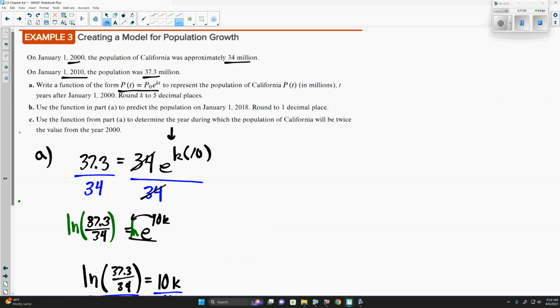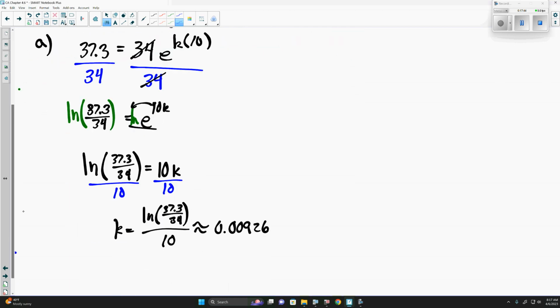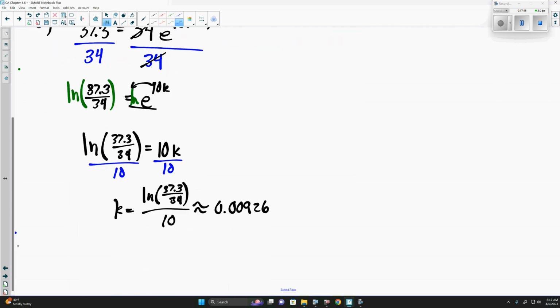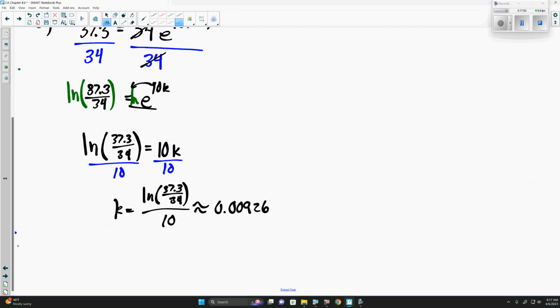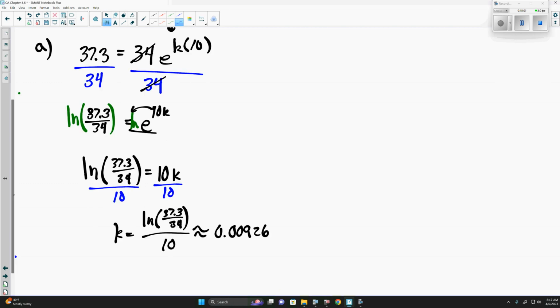Now, round your answer to 5 decimal places. And it would indeed be 0.00926. It would round down to this here. So this here is our k value.